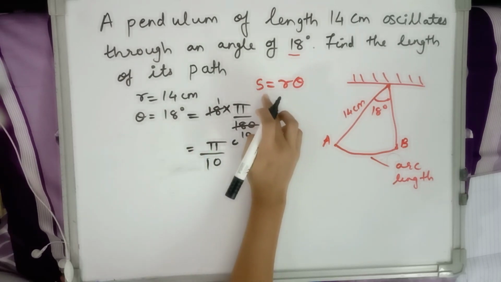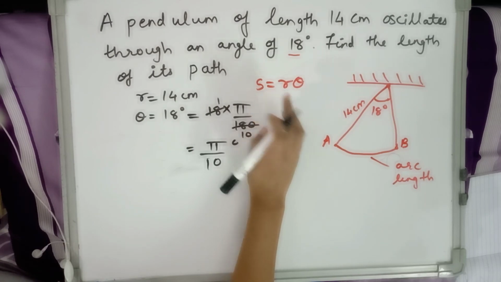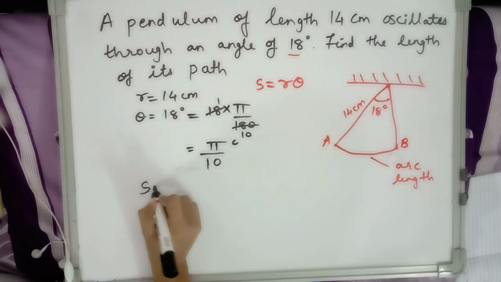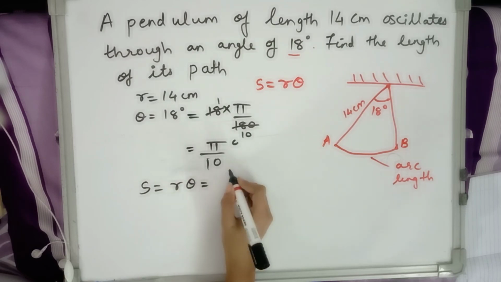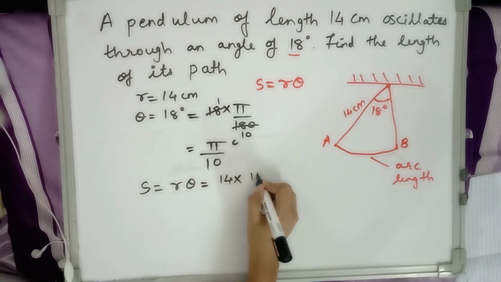Now we have to find the length of arc. Length of arc S is equal to r theta. R over here is 14 into theta is pi by 10.